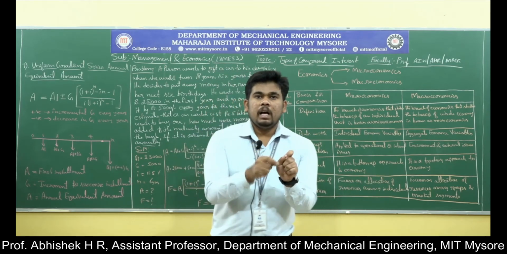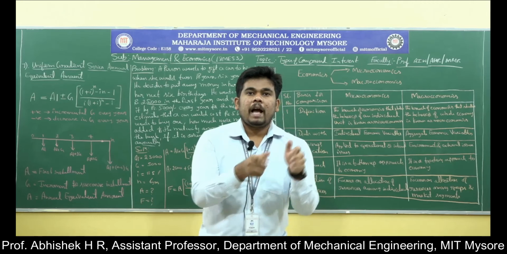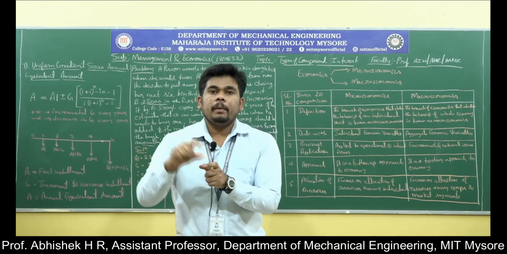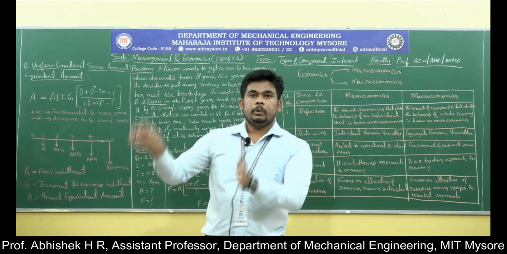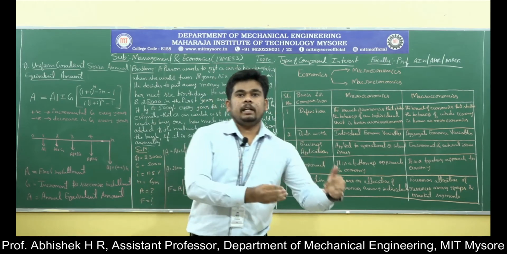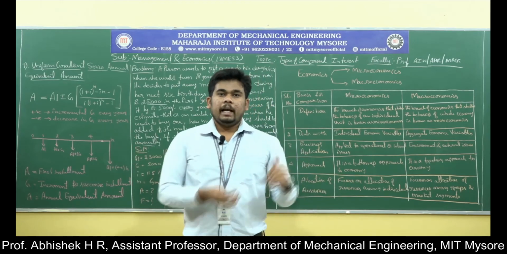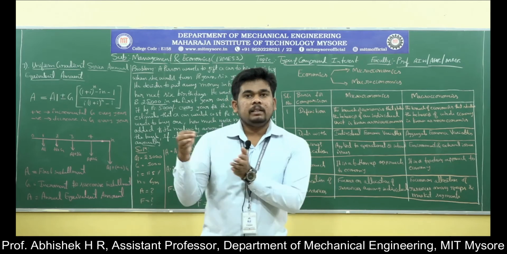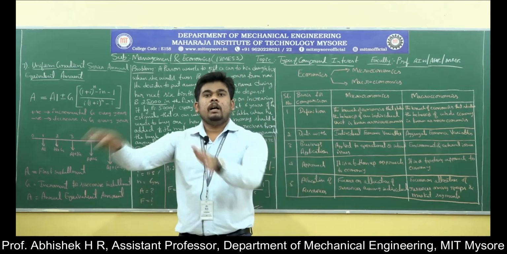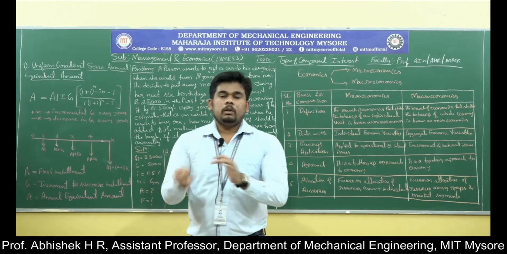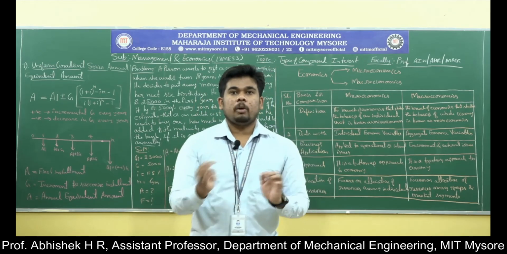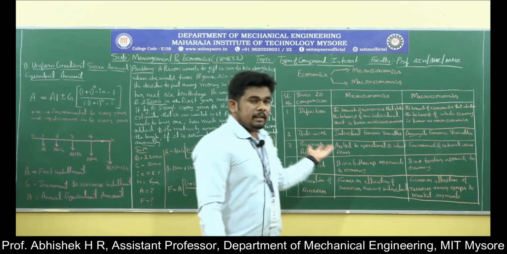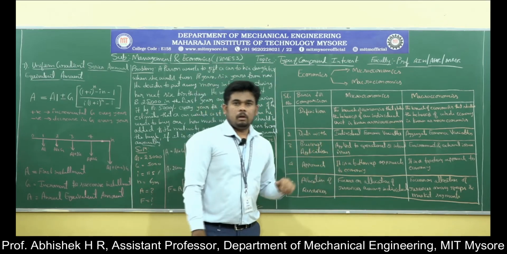Microeconomics means the economical behavior of an individual unit. Macroeconomics means the economical behavior of the whole unit. For example, a state government and a central government. A state government will take care of a particular state, but the central government will take care of the country, right? So this is how we categorize economics into microeconomics and macroeconomics. We will see the comparison between these 2 concepts.